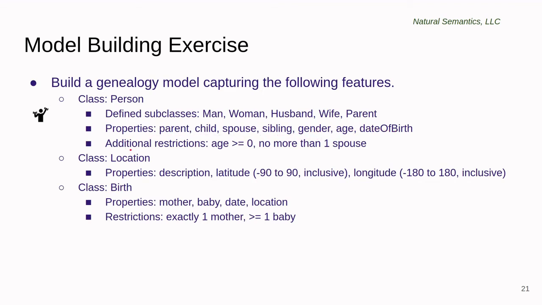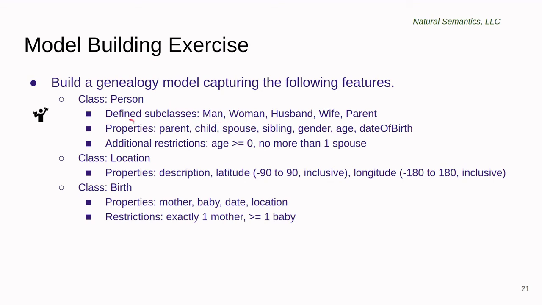There are some restrictions beyond what is sort of implicit in the English meaning of these words. The additional restrictions are that age is greater than or equal to 0 and that no one can have more than one spouse.